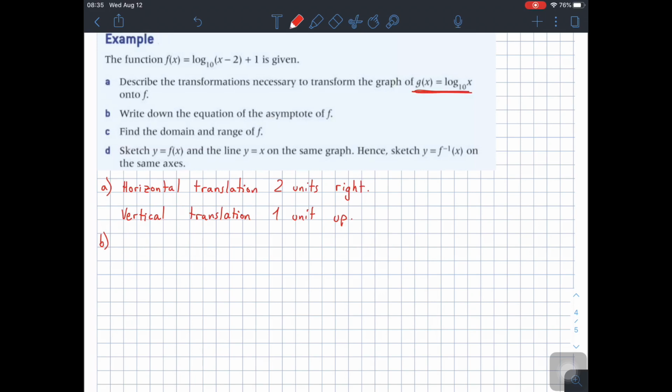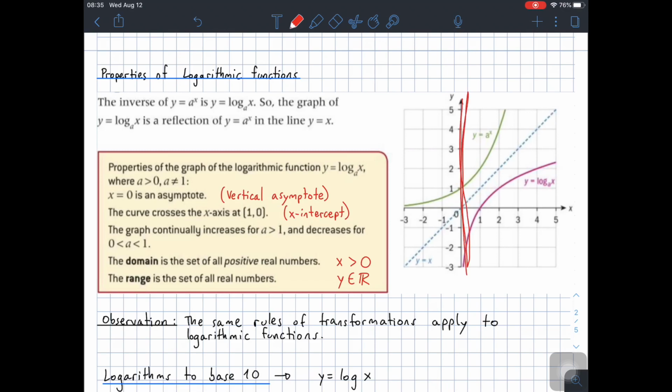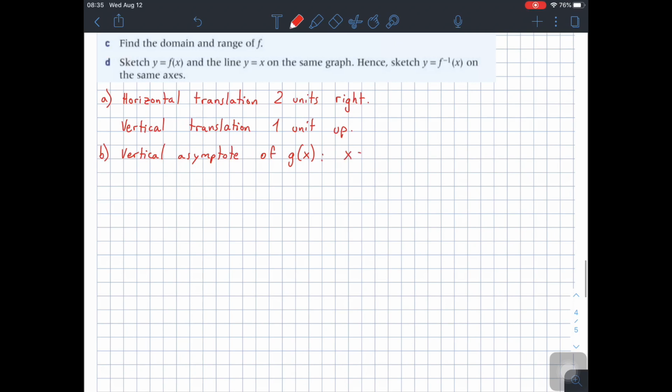If function g is the original function, let's say the parent function, the vertical asymptote of g of x, if you remember from the properties we just saw, the logarithmic function has a vertical asymptote here, right, at x equals 0. Okay, so the vertical asymptote is x equals 0.